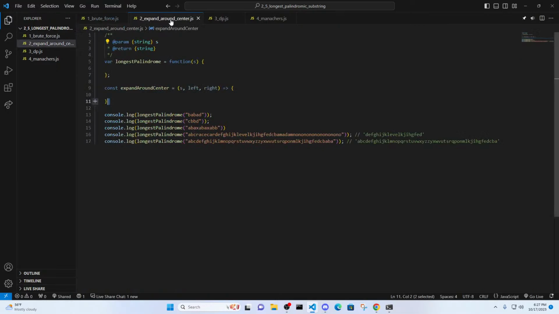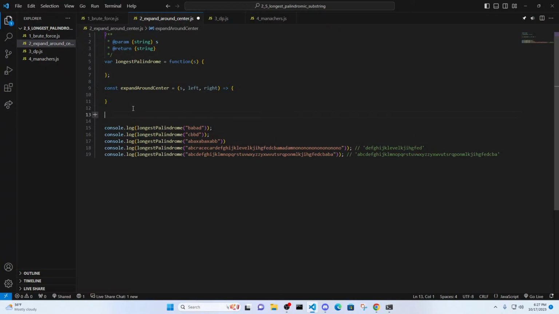We will go ahead and do the expand around center solution now. So this one's pretty similar. The dynamic programming solution? No, this is expand around center. So we'll go ahead and use this again.